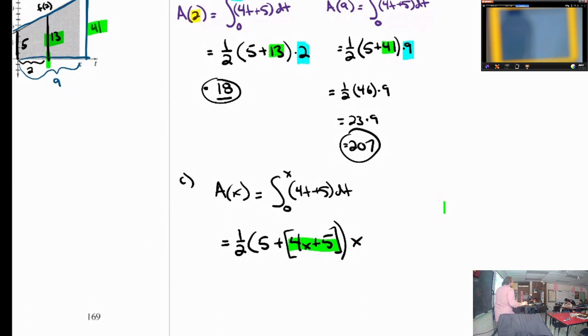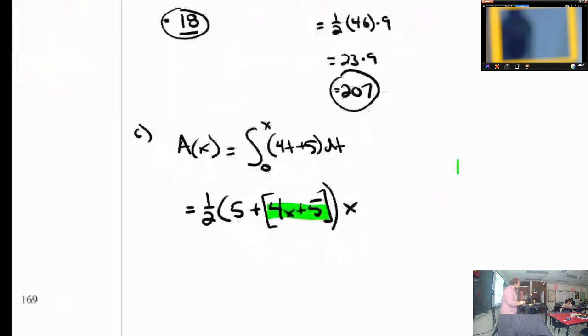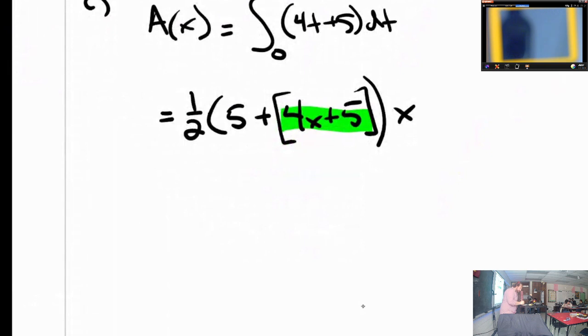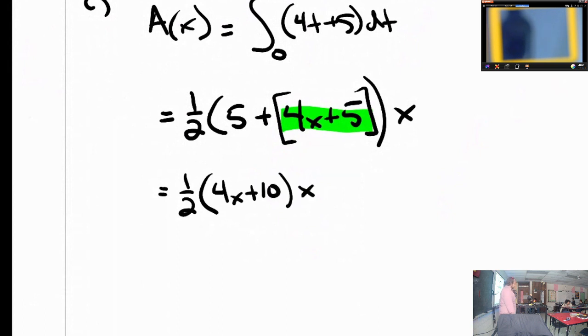I mean, that's the answer. All we've got to do now is simplify it and make it look nice, because when we do that, I'm hoping there are some patterns that will jump out at you from the original 4x plus 5. Here, let's just go for it. So we have 1/2. Inside this parentheses, we're going to have, let's change it to 4x plus 10 times x, like that.